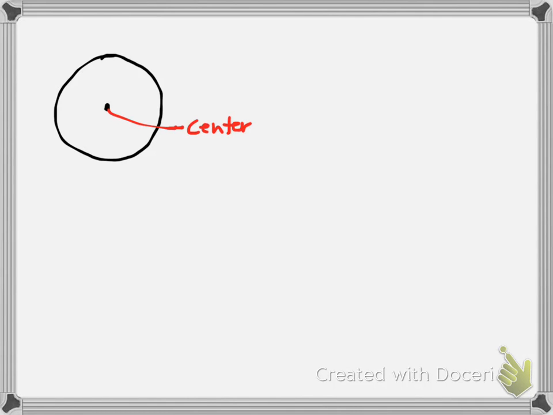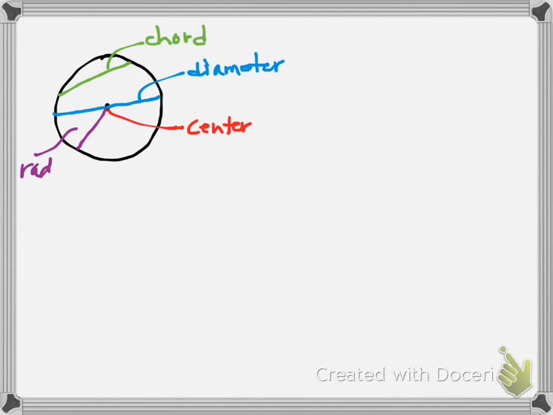This one that passes from circumference to circumference is called your chord. If we have a chord that passes through the center, it's a diameter. If we go from the center to the circumference, that's called a radius. Okay.